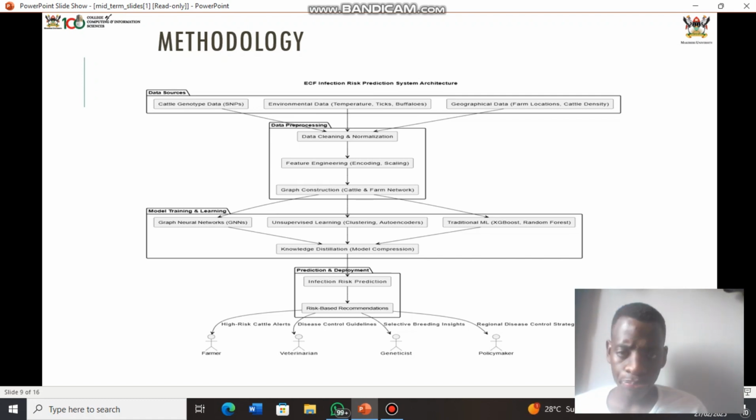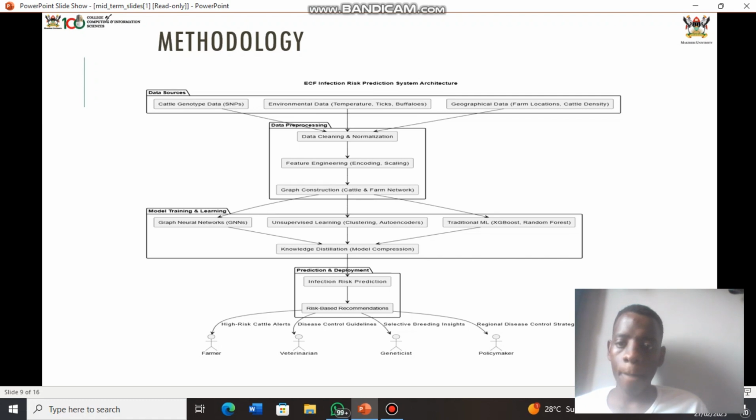Encoding means making the non-numerical fields numerical. There was also graph construction: we built the cattle and farm network and came up with the nodes and features, since we are using graph attention mechanisms.